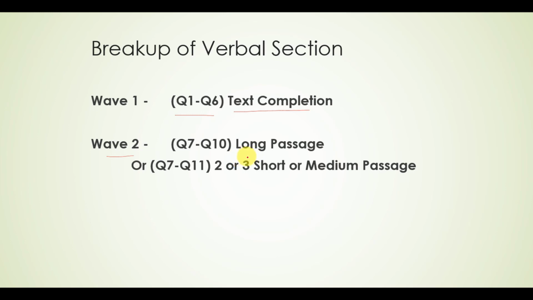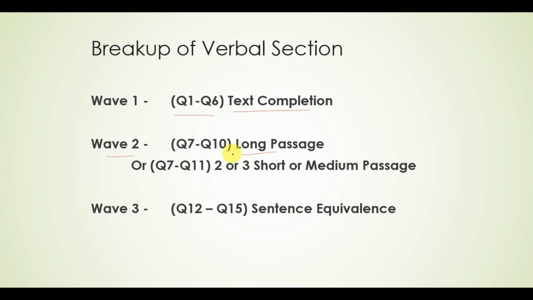You either get one long passage with 4 questions plus a short passage, or you can get a mix of short and medium-sized passages with 1, 2, or 3 questions. Typically, at this point, you have to solve anywhere from 5 to 6 reading comprehension questions.